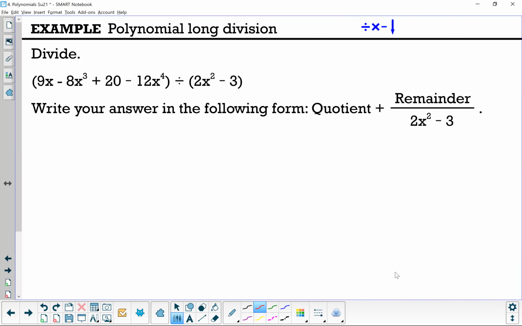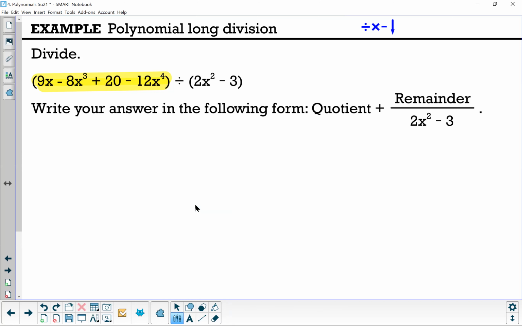Okay, so first of all, I want you to notice how in your dividend, the terms are not in standard form. And that's going to be important when you set up your division. Put your terms in standard form and make sure they go in descending order.